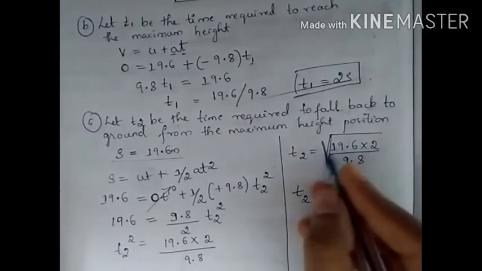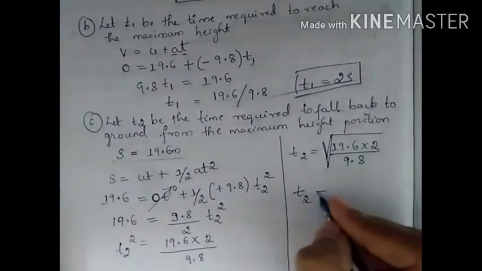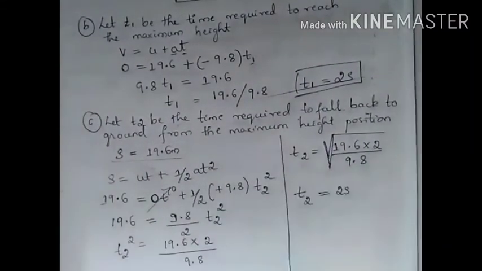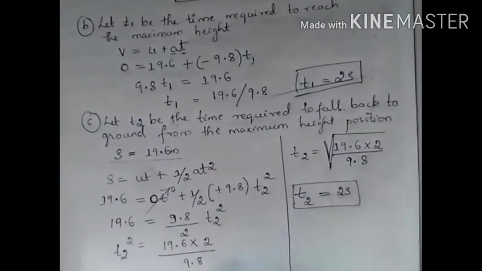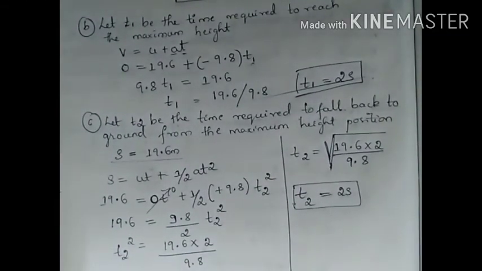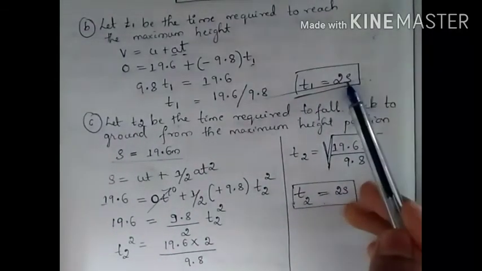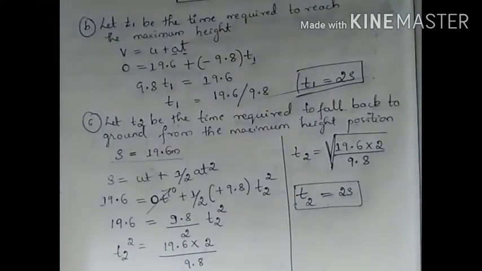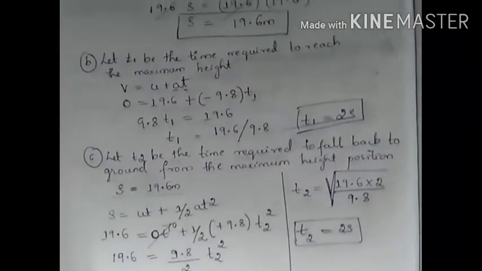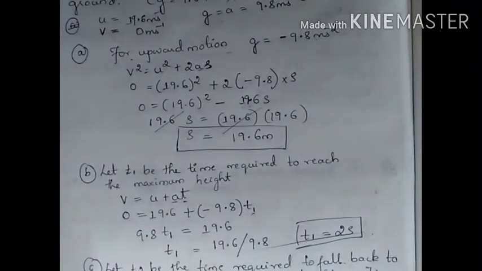So from this root value we get t2 is equals to 2 seconds. So this is the time of descent. So if you see, t1 is equals to t2, so the time of ascent is equals to the time of descent.